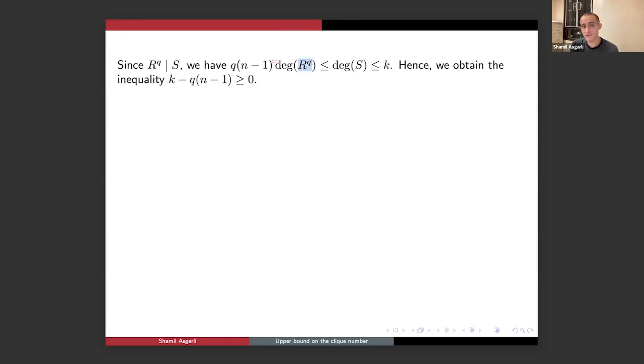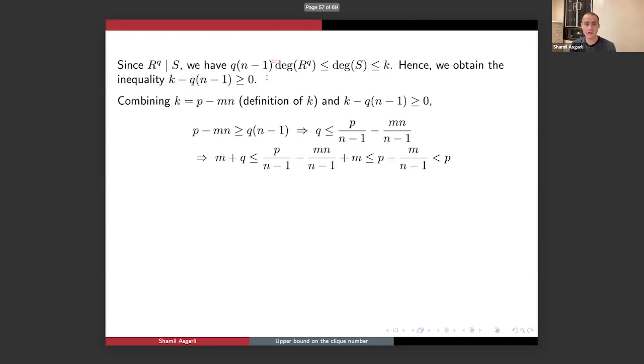So the degree of R to the Q is just Q times n minus 1. So Q times n minus 1 is equal to the degree of R to the Q, but R to the Q divides S. So that's at most the degree of S. And the degree of S was at most K. So what do we obtain from here? We obtain that K is bigger than or equal to Q times n minus 1. So K minus Q times n minus 1 is at least 0.